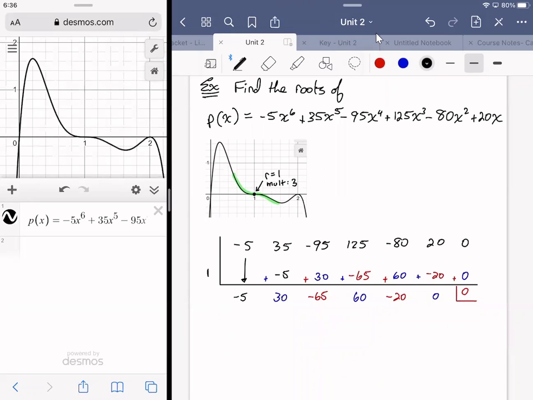Because this is a triple root, I can do my synthetic division with the number 1 a second time.